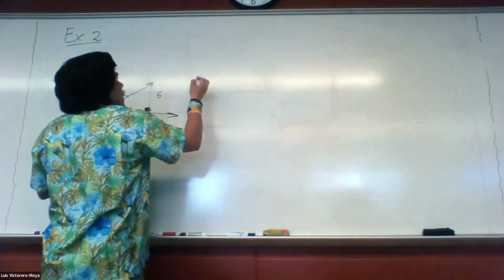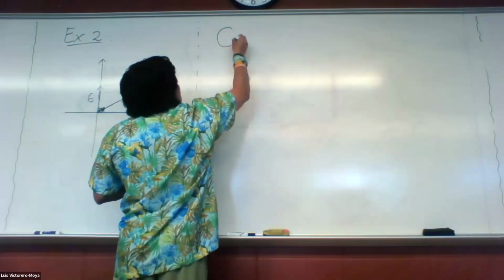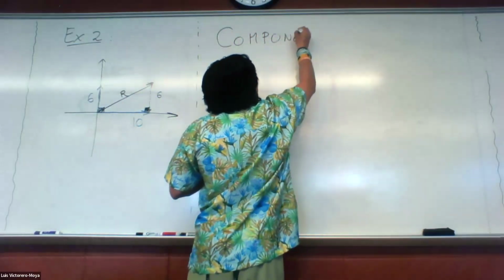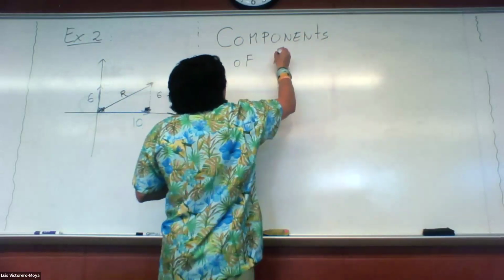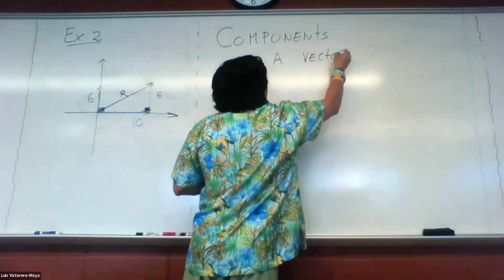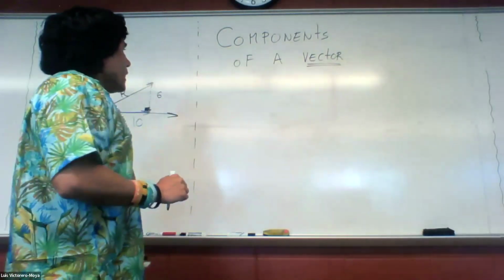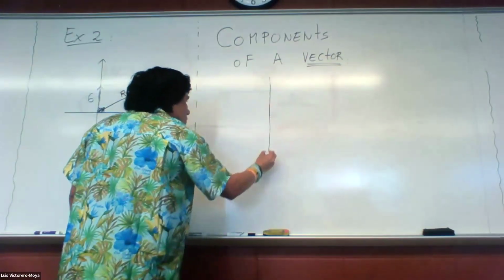Now, let's talk about the components of a vector in the x and y axis. Technically you can have a vector in 3D as well, x, y, and z, but we don't have to worry about that for now.